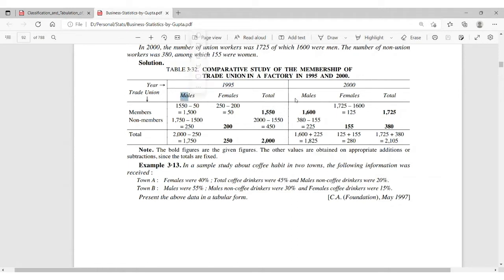For 1995 males, females, and the total, and similarly for 2000 in the same way, right? Total we have to write in this row as well as in the column. This is the first one for 1995, and similarly we made it for 2000, right?